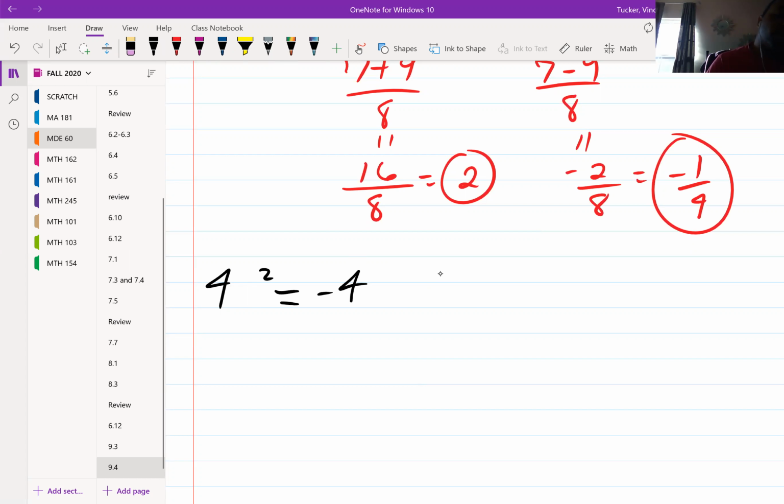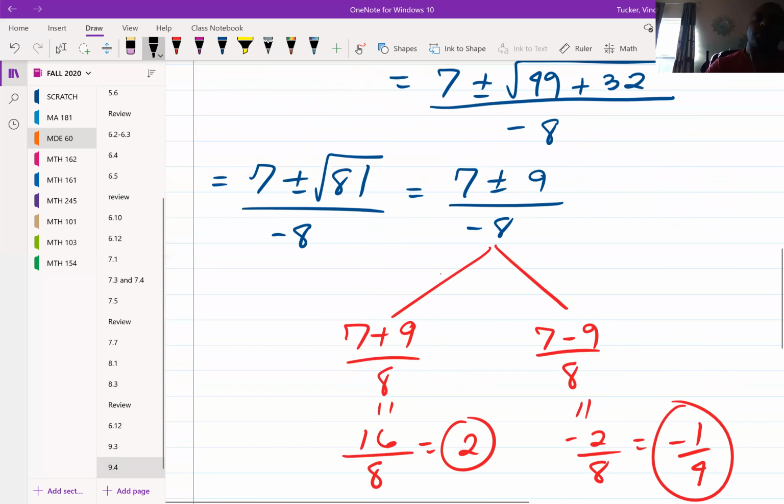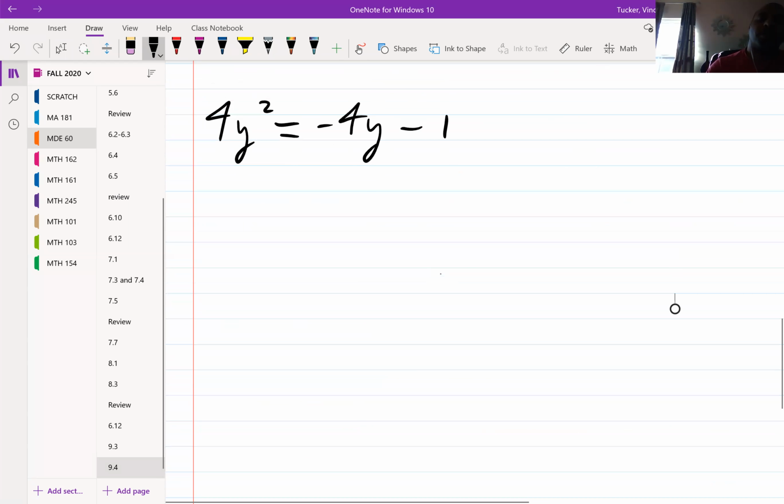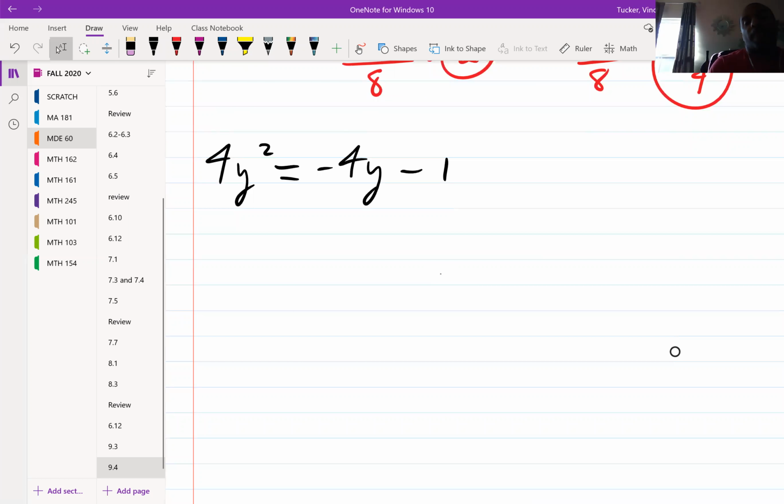Let's change the variable up. All right. Here we have 4y squared equal to negative 4y minus 1. So we need to set one side equal to 0. It doesn't matter which side you set equal to 0.